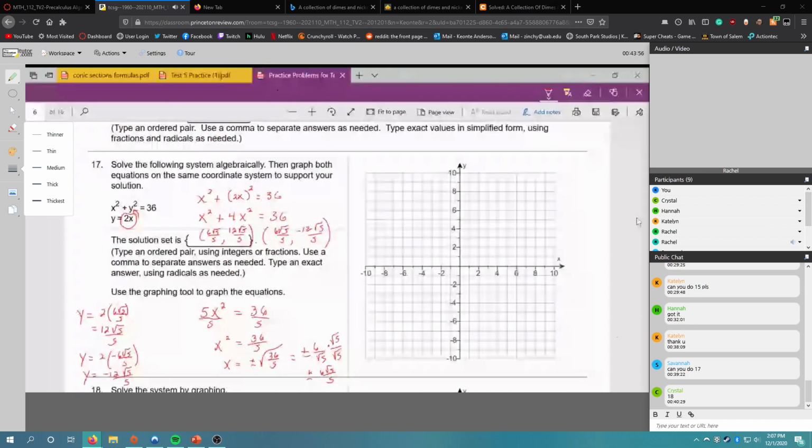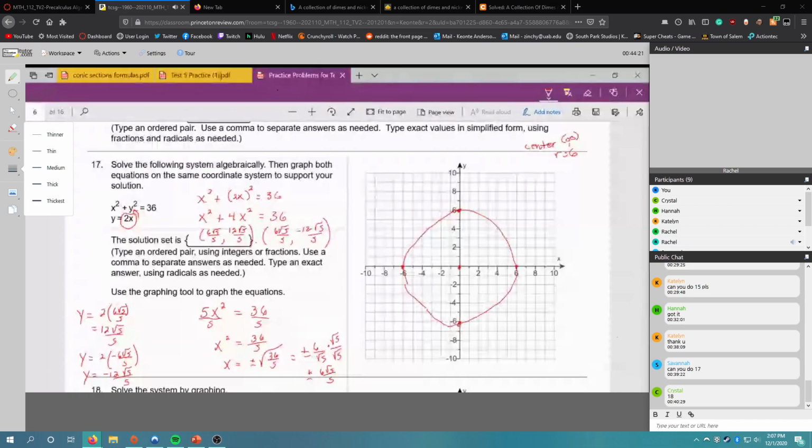And then it just wanted you to graph them. So to graph the circle, the center's at 0, 0, and the radius is 6. So this would be my circle. Best I can draw.